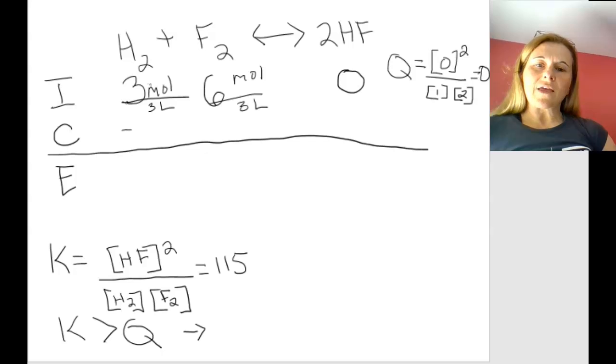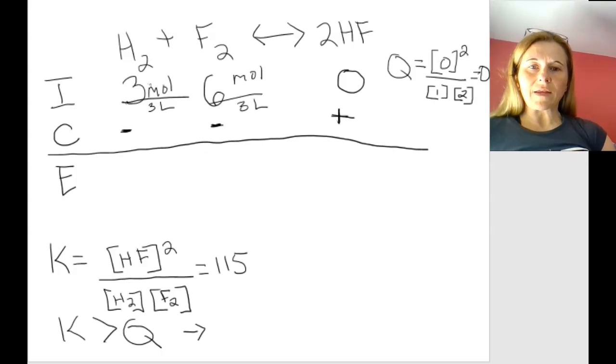So that means that these guys are going to decrease. Our change is going to be decreasing. And this guy is going to increase. By how much? Well, remember, I'm going to grab my red pen here. We take our coefficients and we put those numbers down there, right? So that means this guy is 1x, this is 1x, and this is 2x.